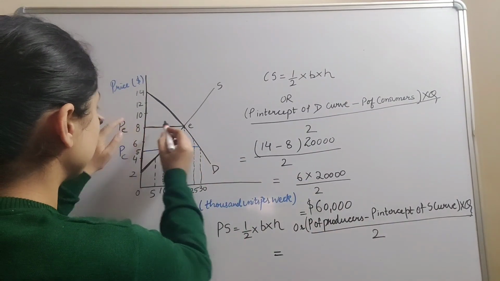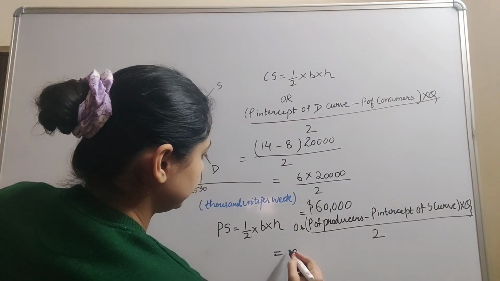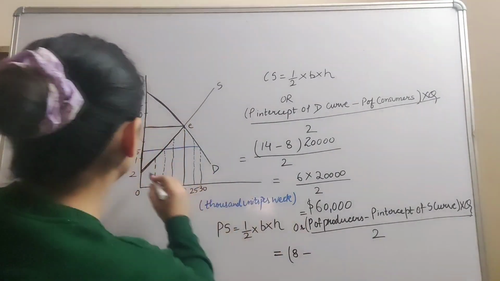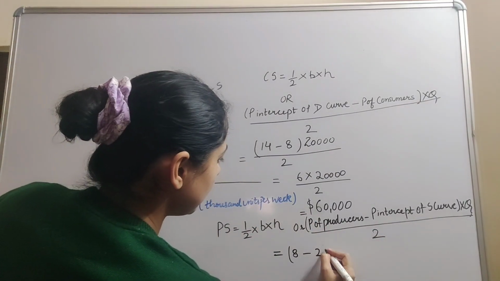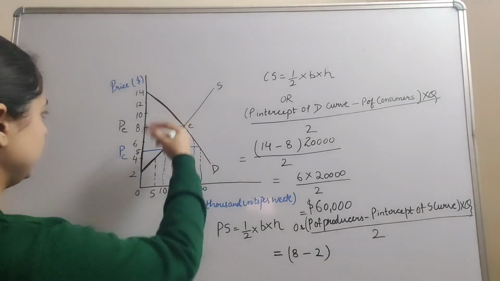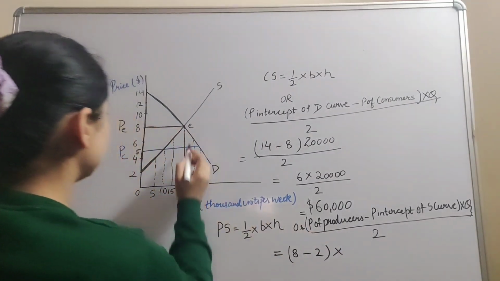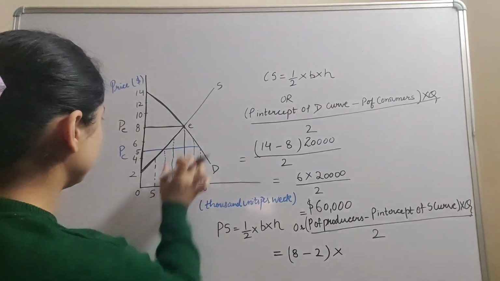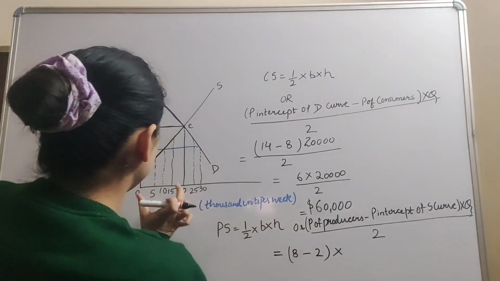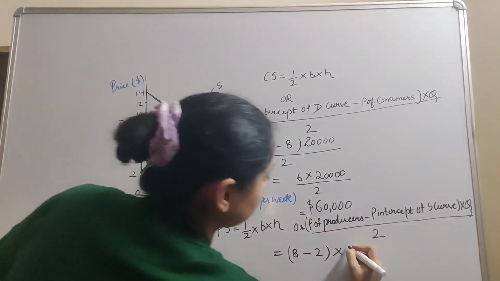So here we have price, that is 8, minus the p-intercept, that is 2, or basically the height here, and 20,000 is the quantity, or basically the base part, as we can see.